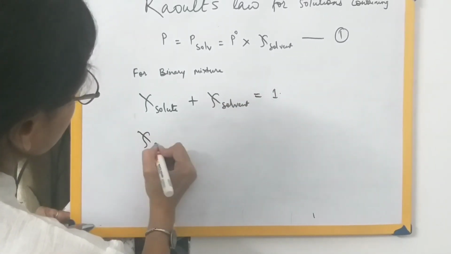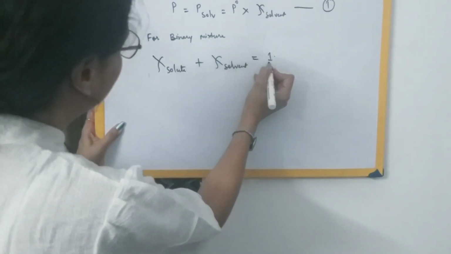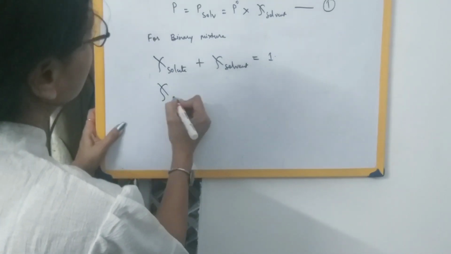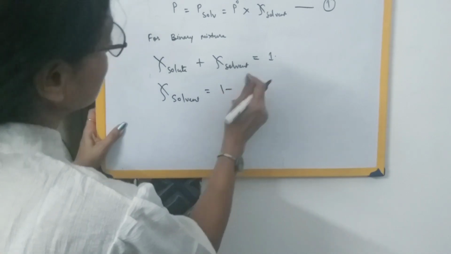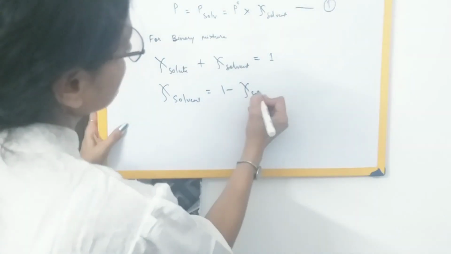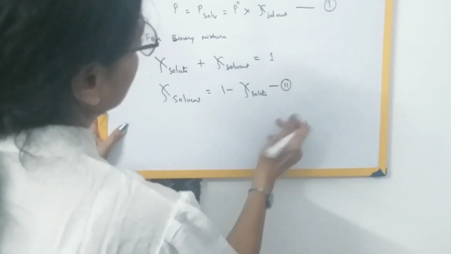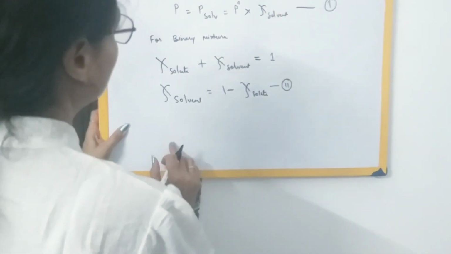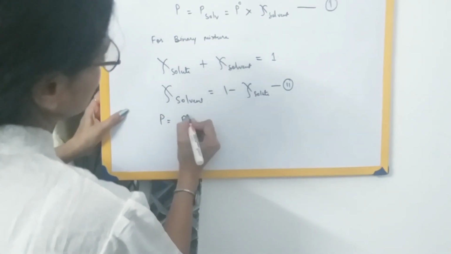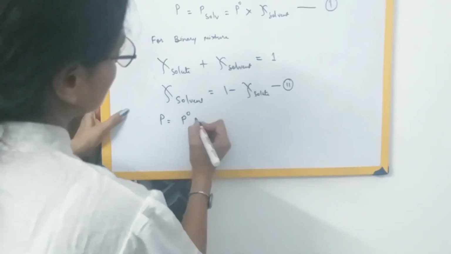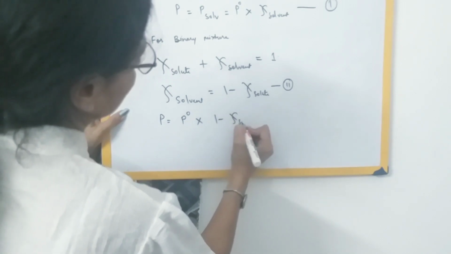Therefore, chi of solvent is equal to 1 minus chi of solute. So we get another relationship. We'll substitute this into the equation over here. So we can write P is equal to P0 into 1 minus chi of solute.